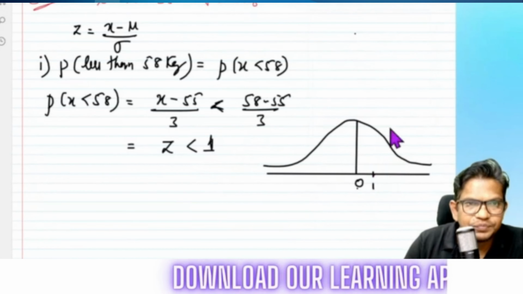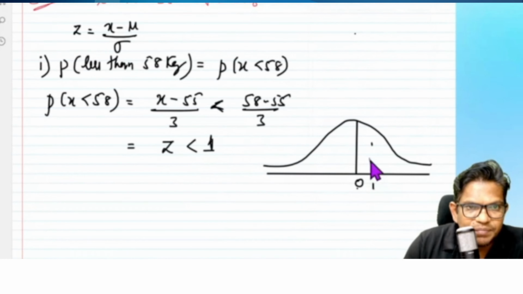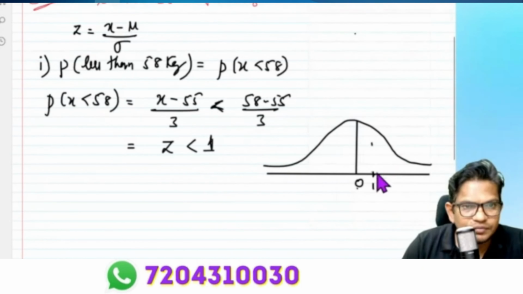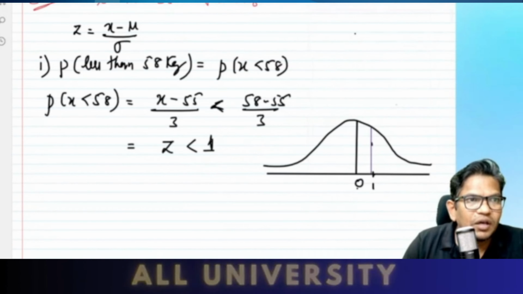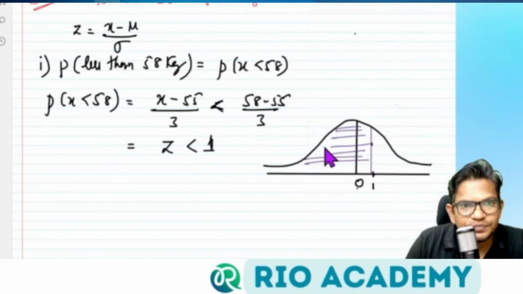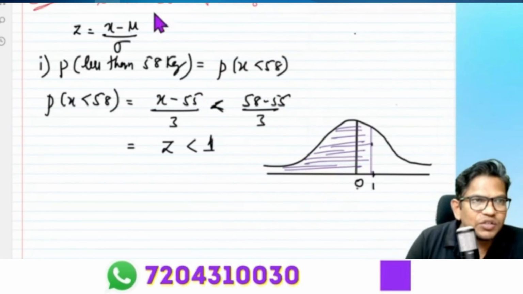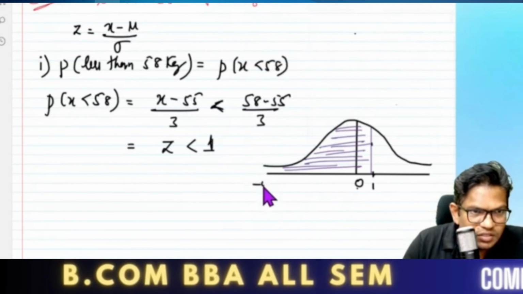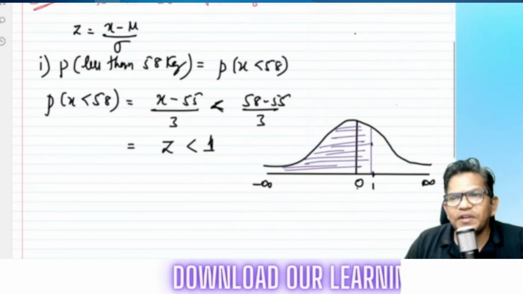Bring it up and push it this side. It is going to the minus side. Assume this is minus infinity and this is plus infinity. Next we need to find the area.